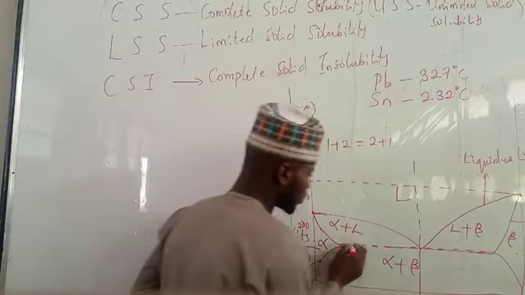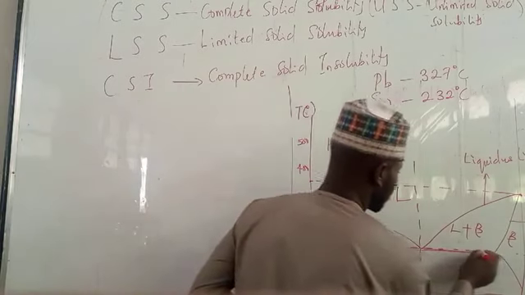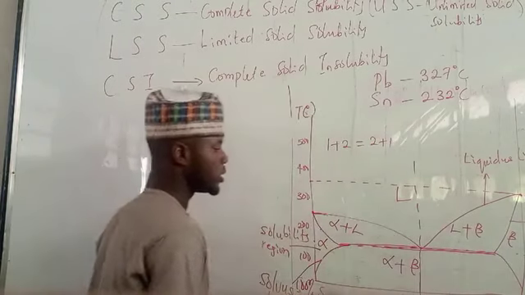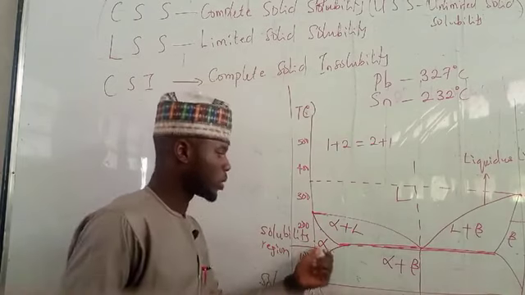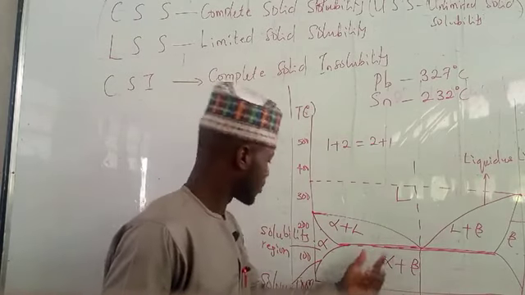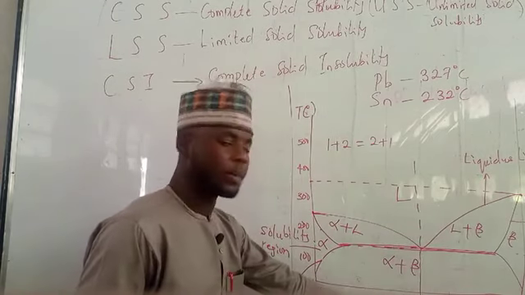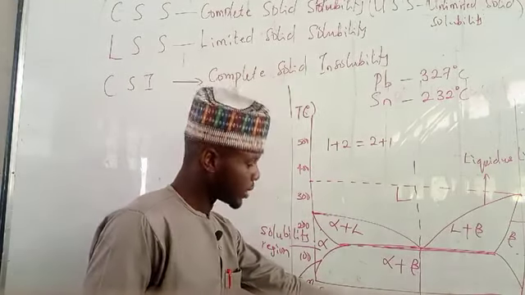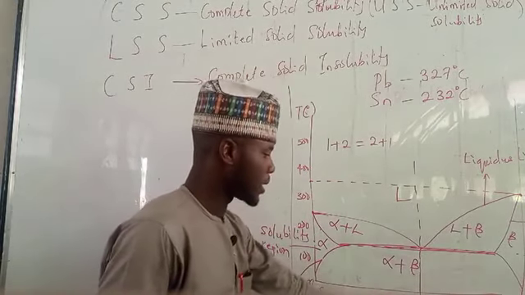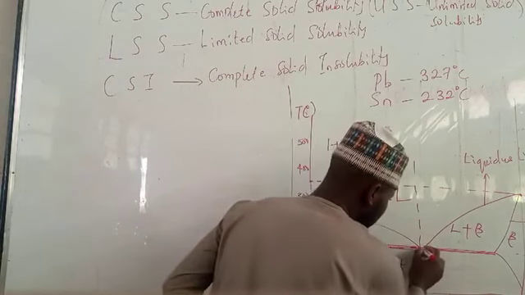And this is our eutectic line. This is the eutectic line, which is below 200 degrees Celsius at a tin percentage of 70%. Tin is 70%, while lead is 30%. And this point is the eutectic point.